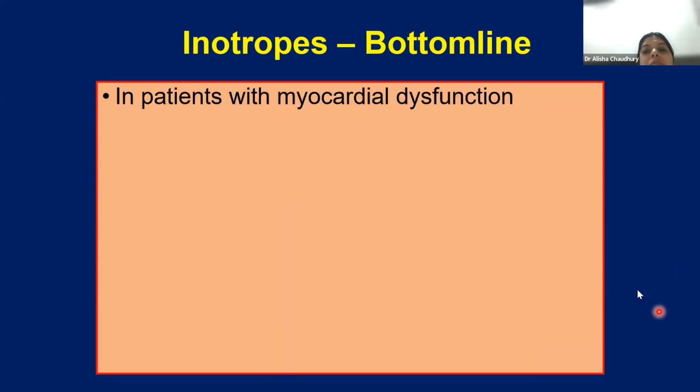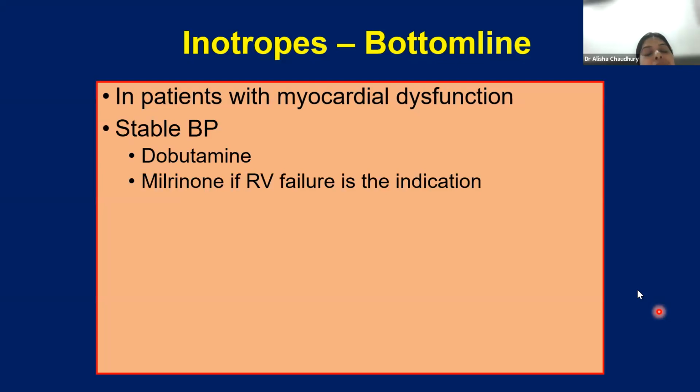So coming to the bottom line with inotropes, you use them when there is a cardiac condition, some myocardial dysfunction happening, the patient is in failure. Only if you have a stable blood pressure and the patient's volume status is fine, and despite that your end organs are not getting perfused, then you need to think of these drugs, dobutamine and milrinone.